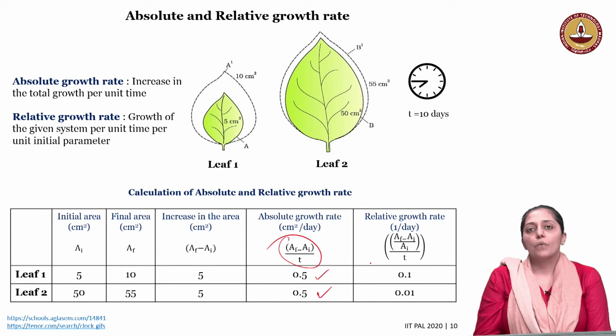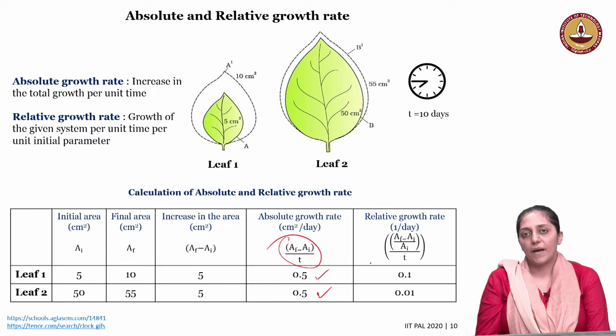Now, if we want to compare the growth in the two leaves, because the initial size is different, absolute growth rate may not be the right way to make comparisons. Hence, in order to normalize the difference in the initial values, we make use of another parameter, which is called relative growth rate, which will take into account the variation in the initial values of the parameter.